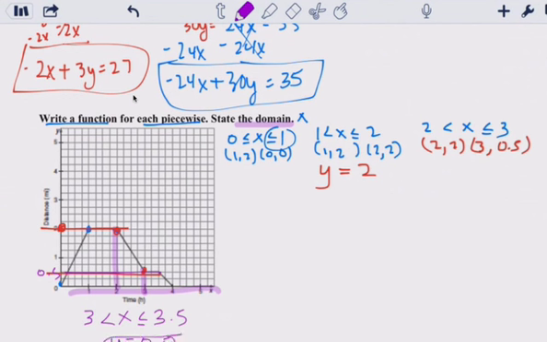Okay. Now from 3.5 to 4, you need to use point slope. So 3 and 0.5 and 4, 0. Okay, you need to use point slope.